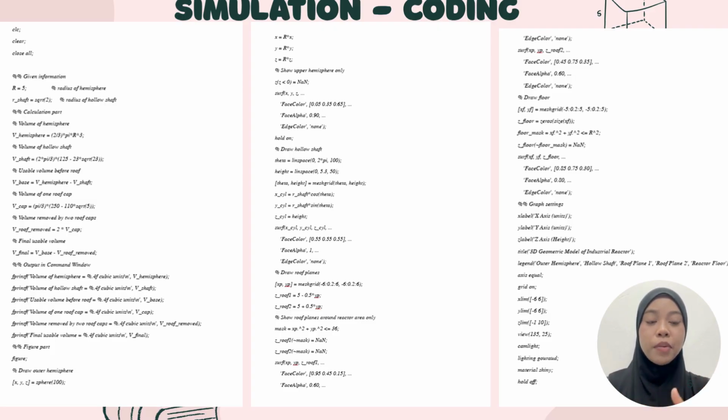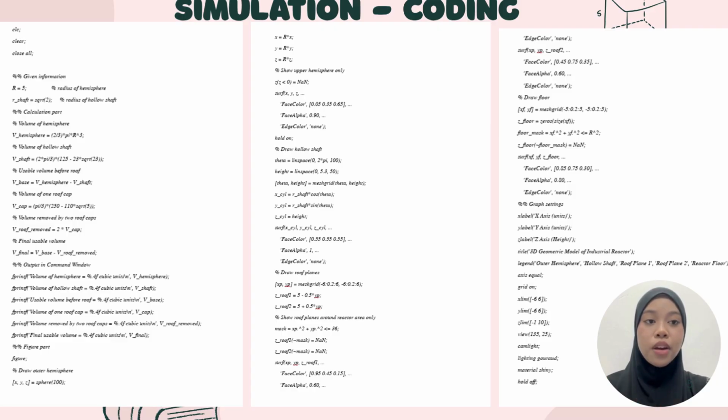After that, MATLAB calculates the volume of the hemisphere, the volume of the hollow shaft, and the usable volume before considering the roof. Then, the volume of one roof cap is calculated and multiplied by 2 because there are two symmetrical roof caps. Finally, the final usable volume is calculated using V final equal V base minus 2 V cap.